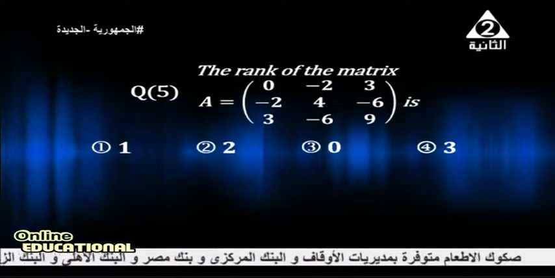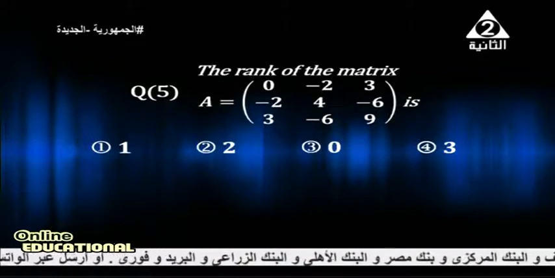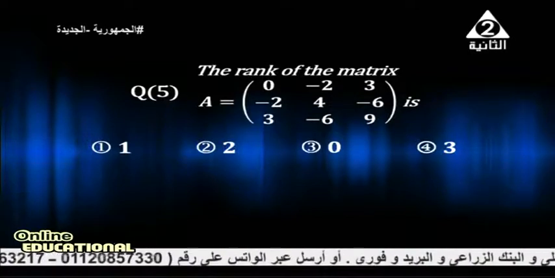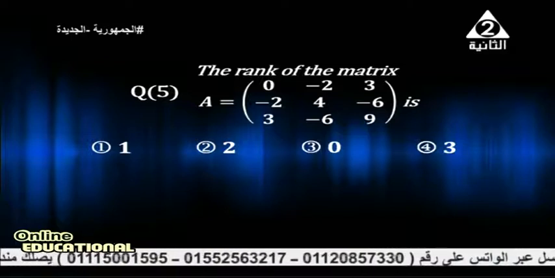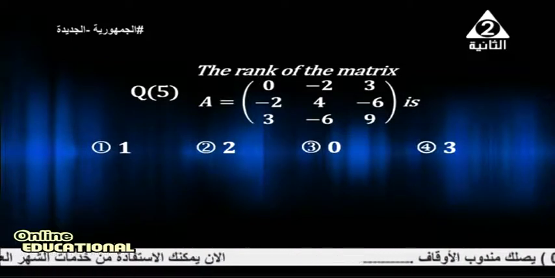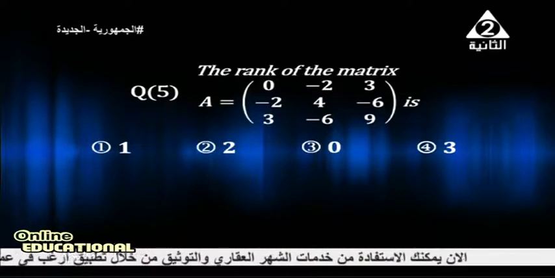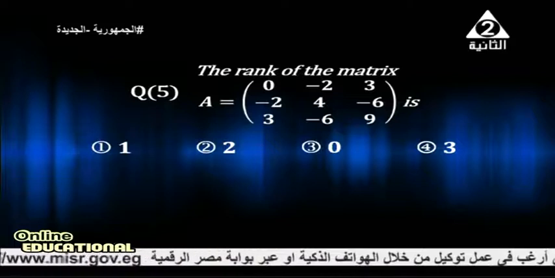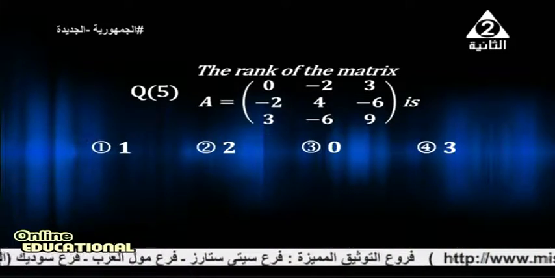If we have this matrix, its order is 3 by 3, with 3 rows and 3 columns. The rank must be smaller than or equal to 3.